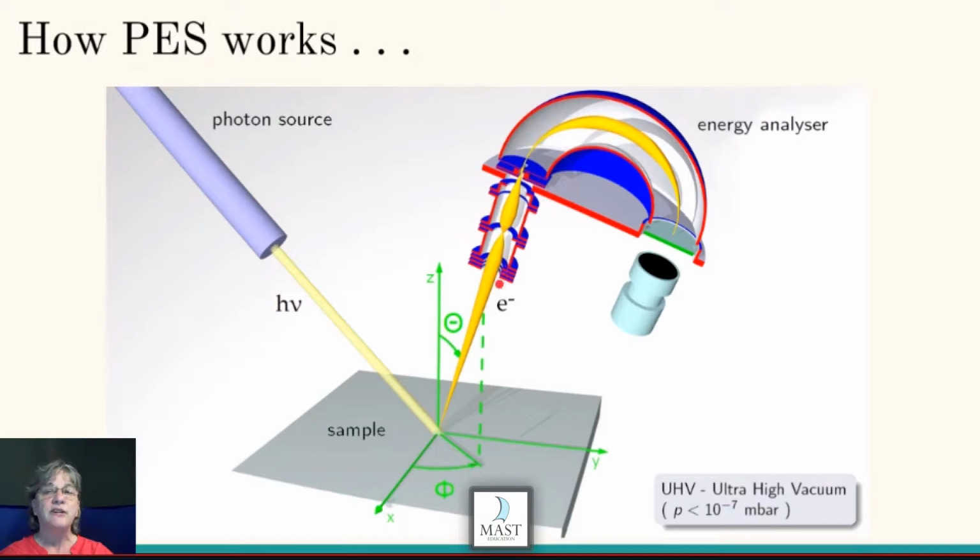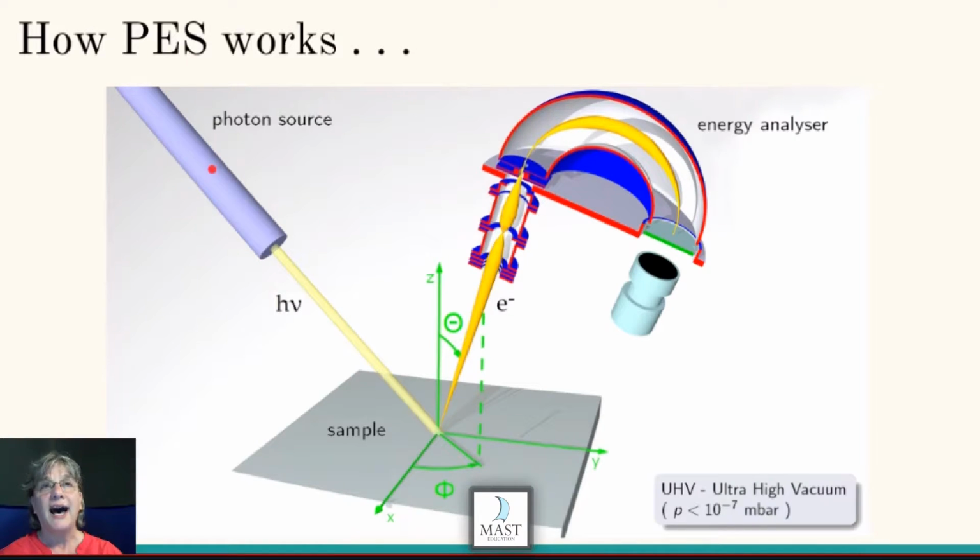The electrons that are ejected have less energy than the photons that hit them because it takes energy to pull the electrons out of the atom. This energy is known as binding energy, or it's also known as ionization energy. They're slightly different terms, but from the perspective of this lesson, they mean the same thing.